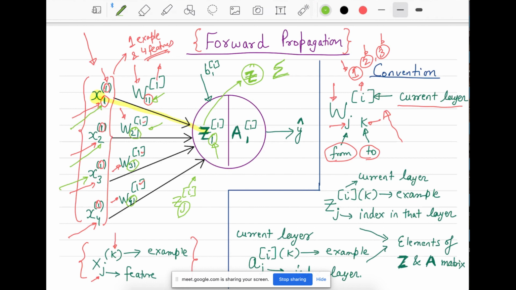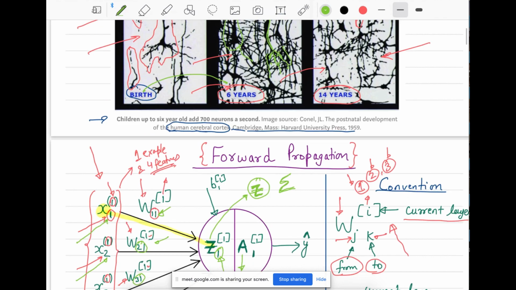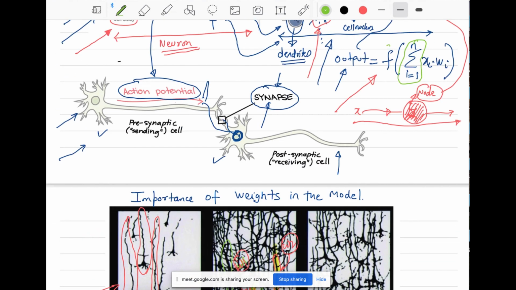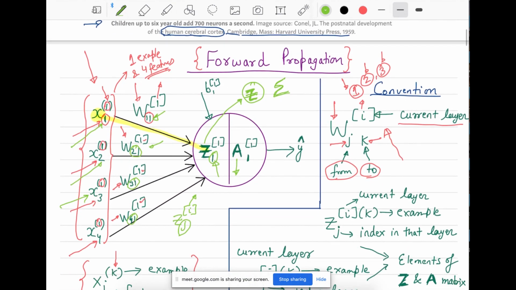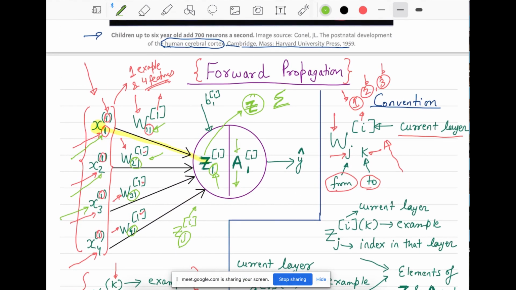And once you do the summation, then we have an activation unit, which is actually this one, this F. This F is actually implemented in the form of matrix A, and it's also following that same convention. That is, it has a single layer 1 and you have node 1. So single layer node 1, that's why A11.